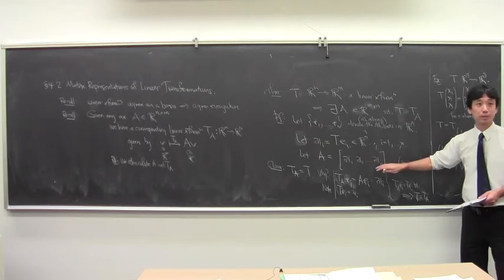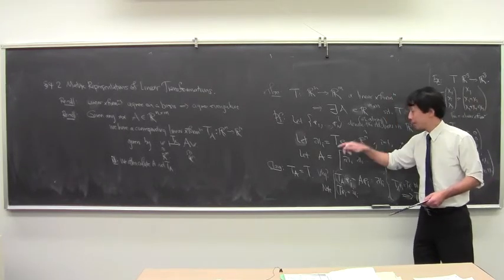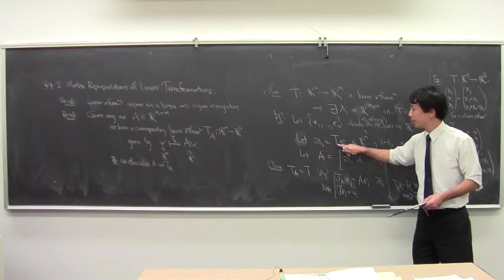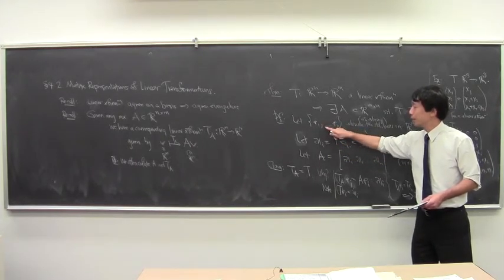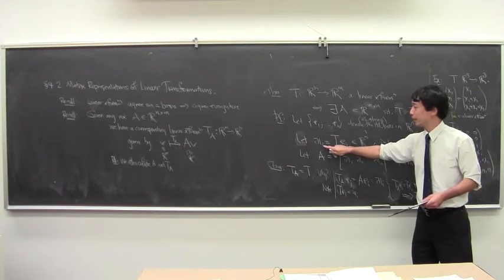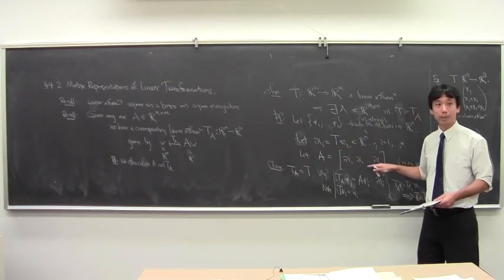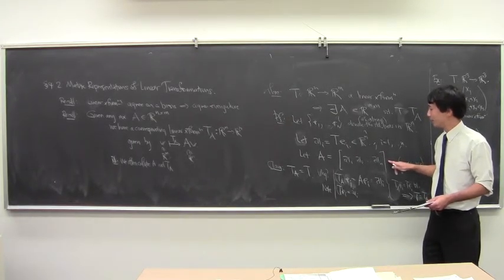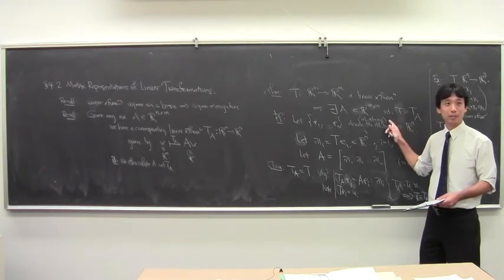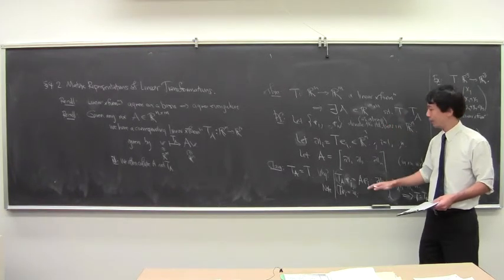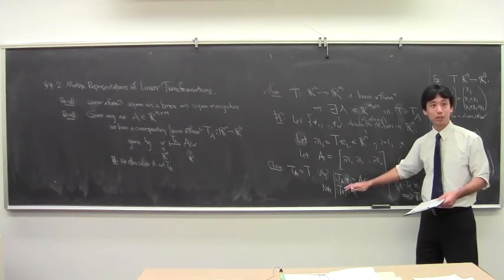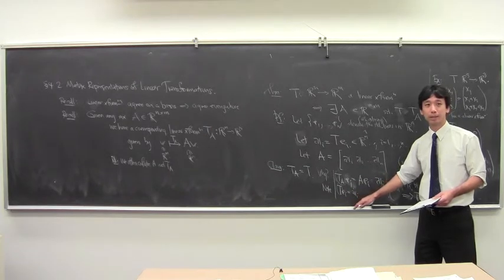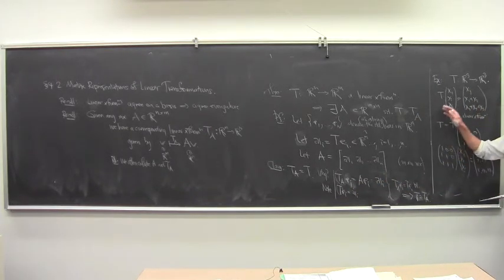You make the matrix by looking at T's action on the standard basis and taking those as the columns. Then that matrix will act on the standard basis vectors in exactly the same way that T did, and so I've got the matrix representation of T.